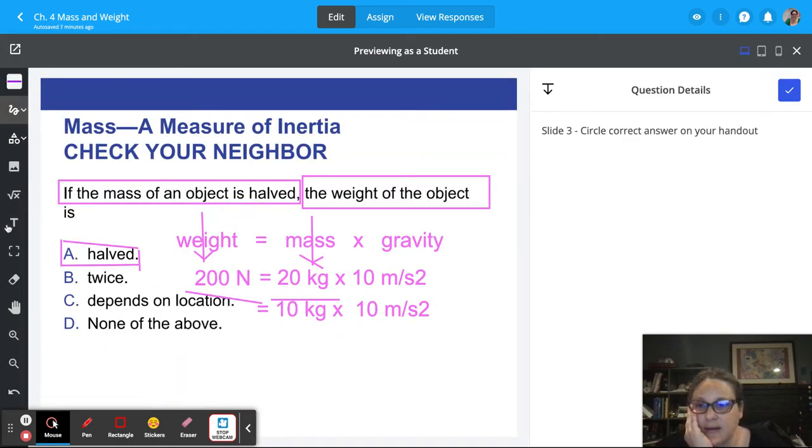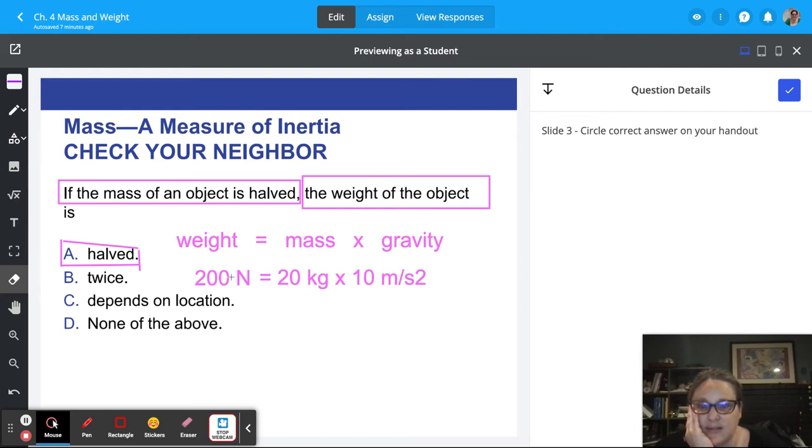Okay, so let me go ahead and explain this here. We are solving, let's see if I can just erase some of this little stuff here. If the mass of an object is halved, the weight of the object what?